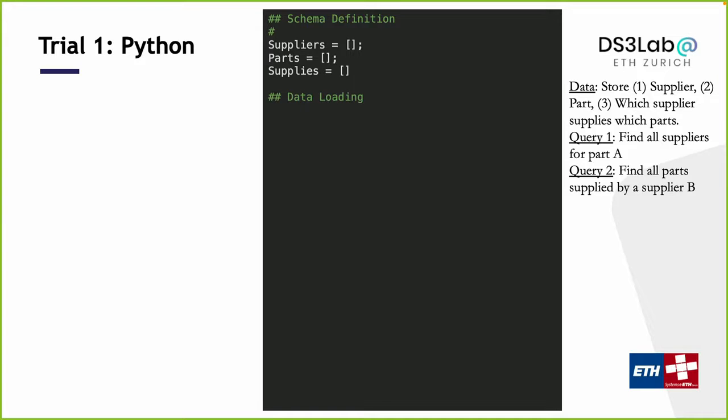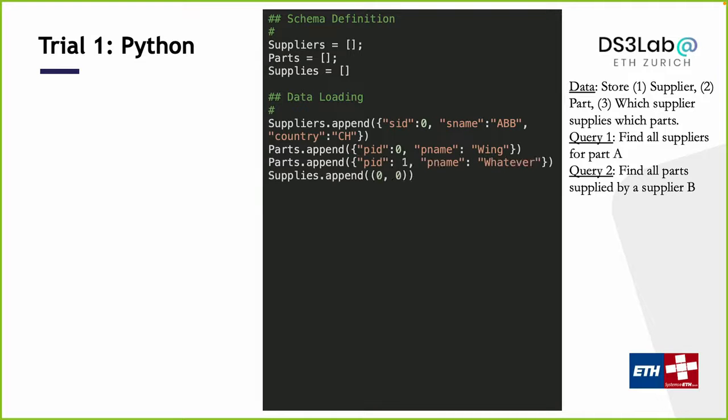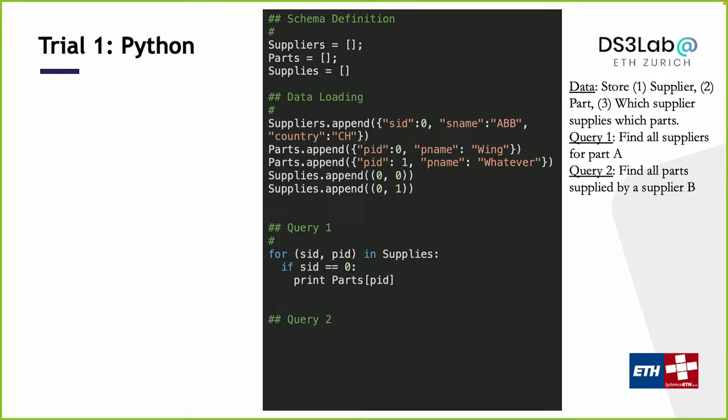Whenever you have new data, you load it; you just append to the array whenever you have a new piece of information. Whenever you want to answer queries, what would you do? You know how to program. For query number one, you go through all the supply relations, and if the supplier satisfies your condition, you return it. This could be one way to write query number one.